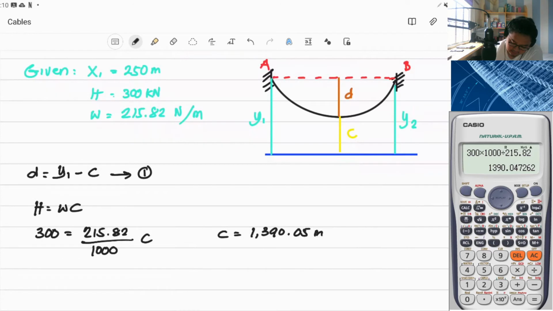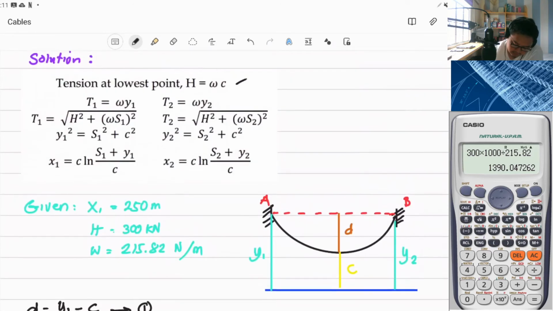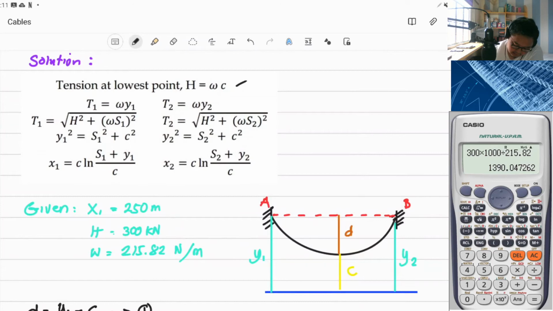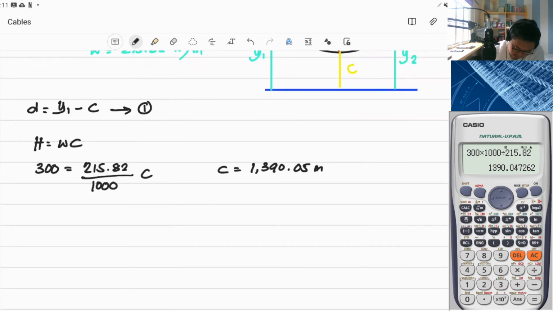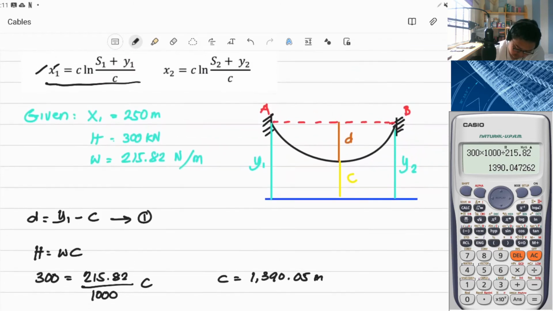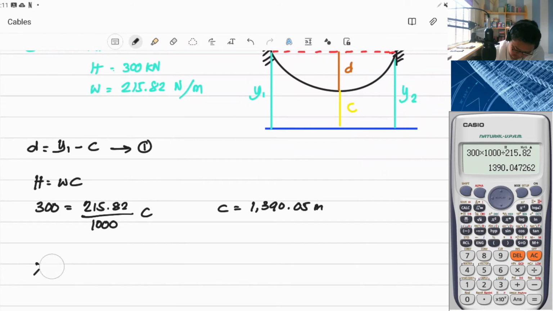Next is to solve for Y1. Looking back at the list of formulas, the only formulas that involve Y1 are this one and this one. Let's use this first because we have x1. x1 equals c ln of (s1 plus y1) over c.